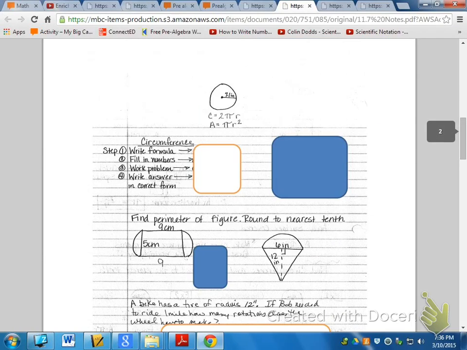This time we're given a, looks like a radius, and it's a radius of 7.1 inches. So when I pick the formula out this time, I'm going to use the one for radius, 2 pi r. Plugging in the numbers, 2 times 3.14 times 7.1.